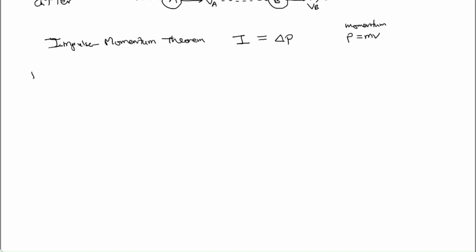For the deformation phase, object A: we're using this impulse momentum principle. The impulse it receives is negative I sub d, negative because it really receives it from object B, which exerts a force negative F sub d. So when we integrate that, we get negative I sub d.